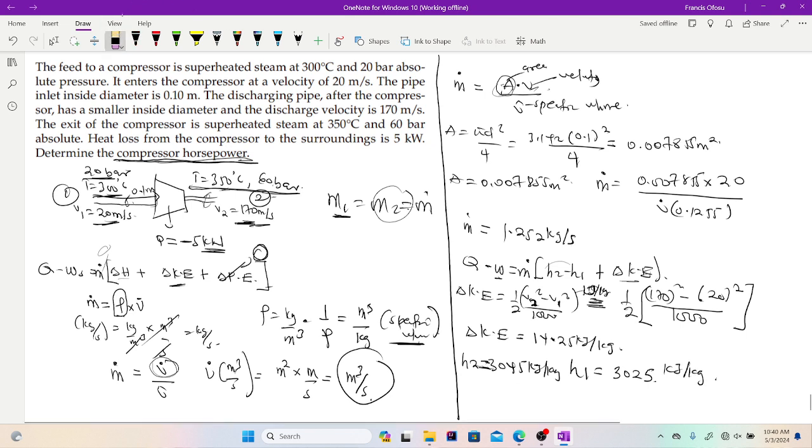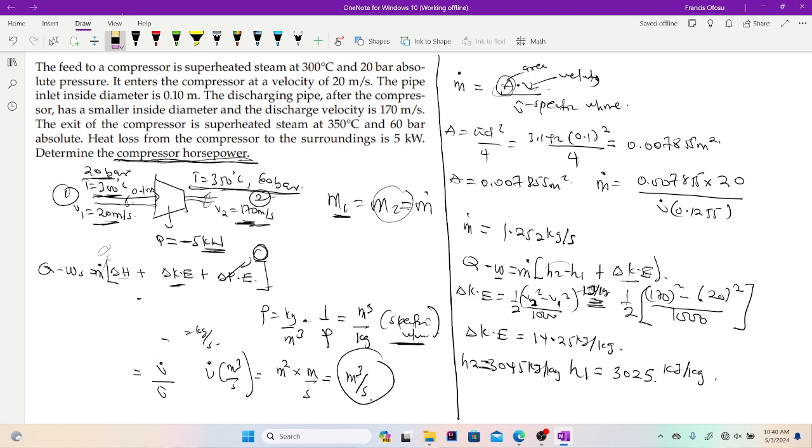And I will just go back to our energy balance equation. This is our first law of thermodynamics, and then we find our work. So what you are left with is just doing simple substitutions.